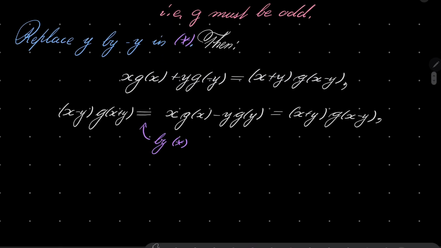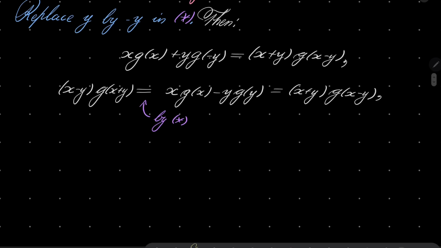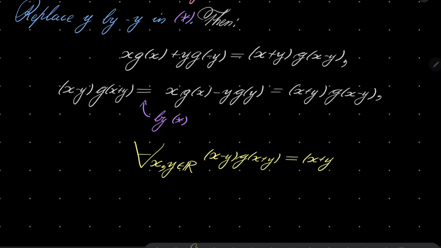And now let's compare this equals that. So for every real numbers x and y, (x minus y) g of x plus y equals (x plus y) g of x minus y. We have established that.